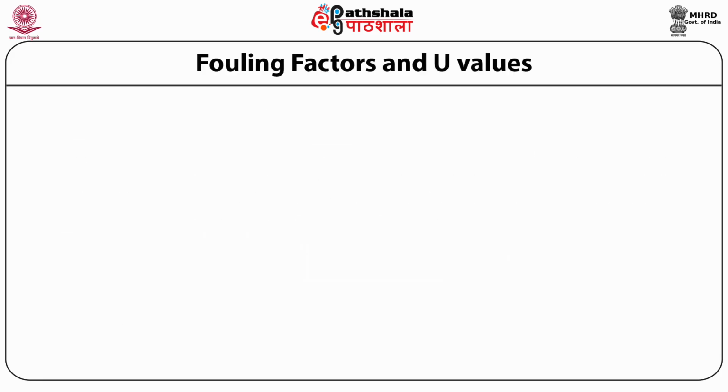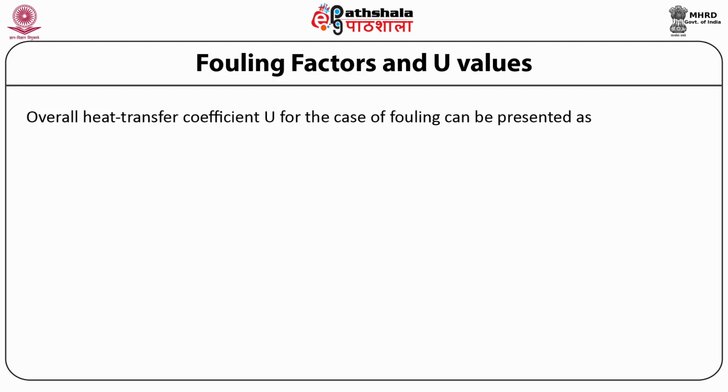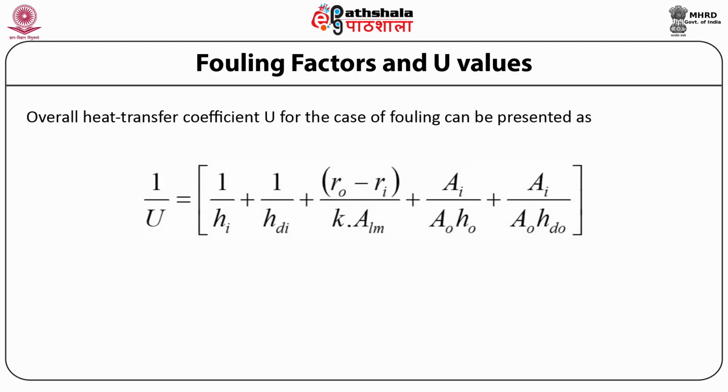So, now we will discuss the overall heat transfer coefficient, that is U, by considering the fouling factors. The overall heat transfer coefficient U for the case of fouling can be presented as 1 by U equal to 1 by Hi plus 1 by HDI plus (R0 minus Ri) divided by K into ALM plus Ai divided by A0 into H0 plus Ai divided by A0 into HDO.